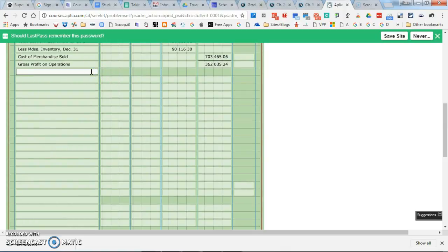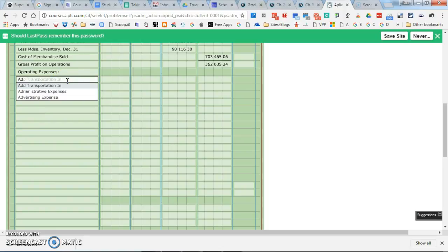Then our next heading is operating expenses. And for this one, because all of the numbers are going to go in the same column, I think I'll list all our accounts, and then we'll go back through and just do all of our amounts.